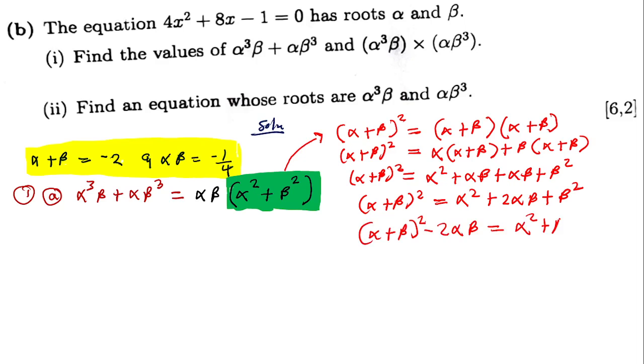So from that, everyone is able to understand that we have simply found what we have been looking for. So this alpha squared plus beta squared, which is in green, has now been found.